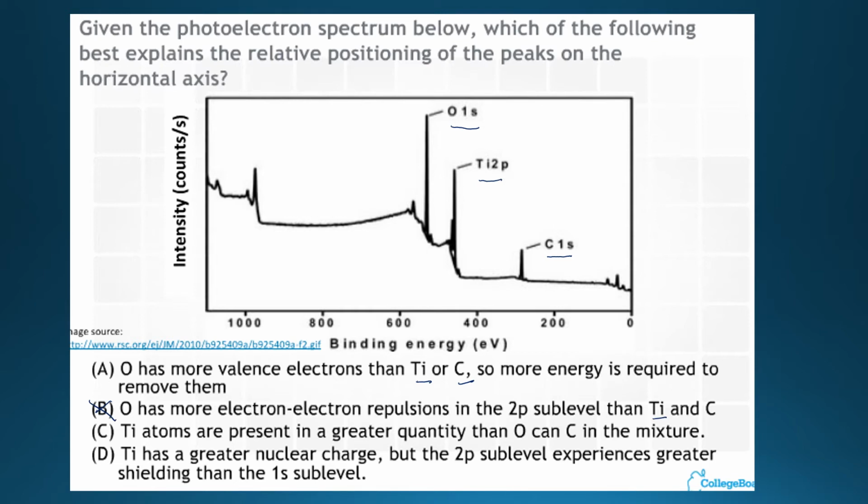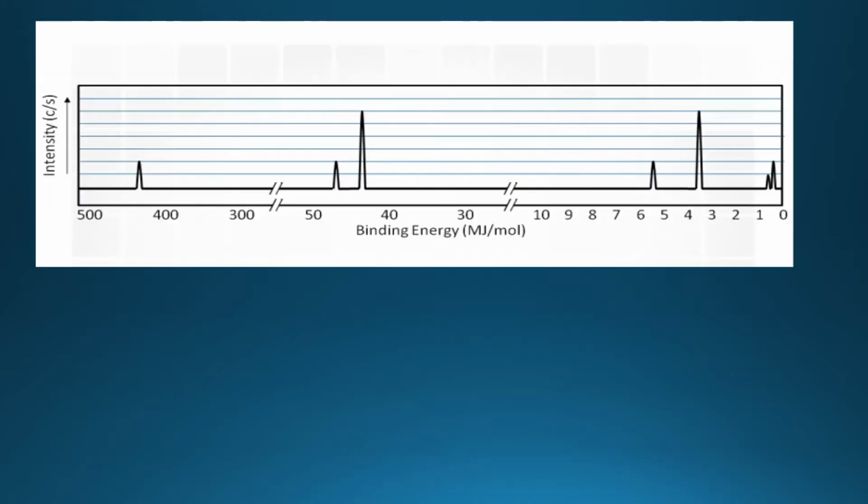Titanium atoms are present in greater quantity than O, and that doesn't verify with our intensity. Titanium has a greater nuclear charge, but the 2p sublevel experiences greater shielding than the 1s sublevel. So your best answer is A for this photoelectron spectrum.